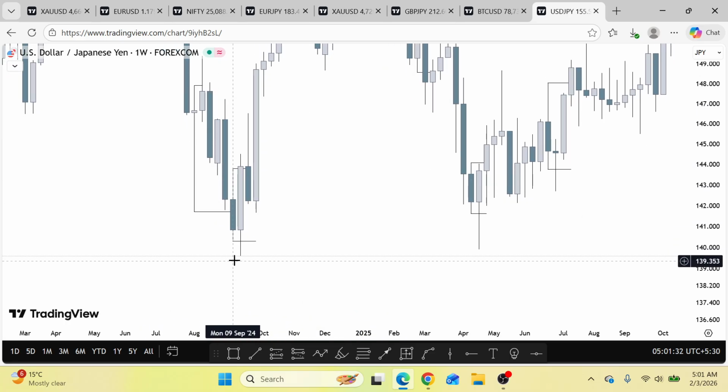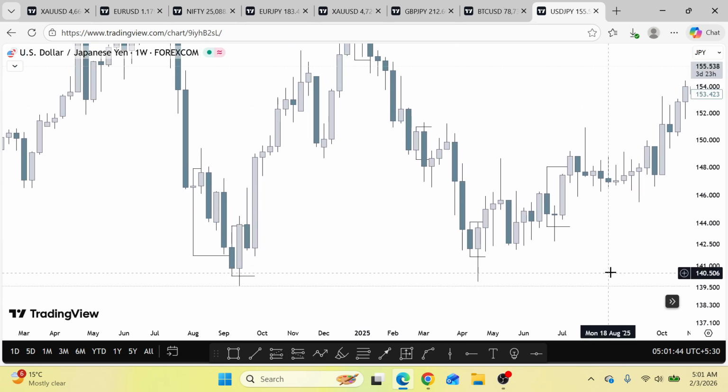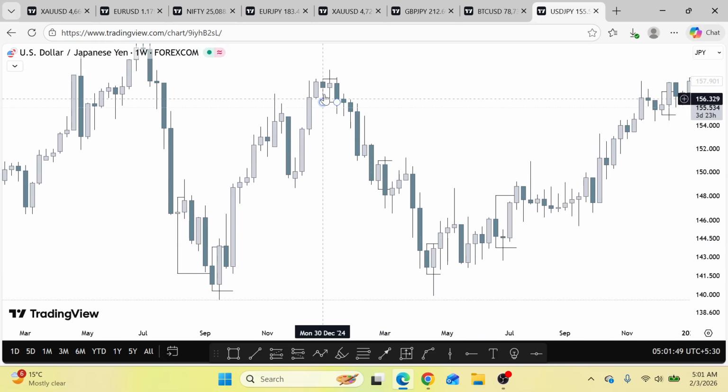Then here on the 9 September weekly candle, when the new week opens on 16 September, it sweeps its previous week low and moves towards its high. So on the higher time frame, previous candle highs and lows are quite important as liquidity levels. Here you can see it sweeping its previous high and going towards its low.